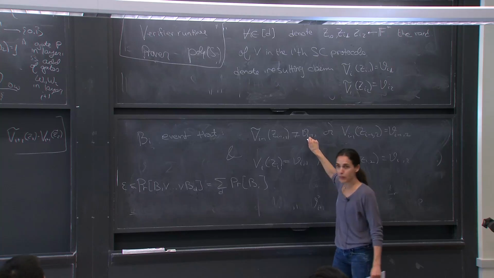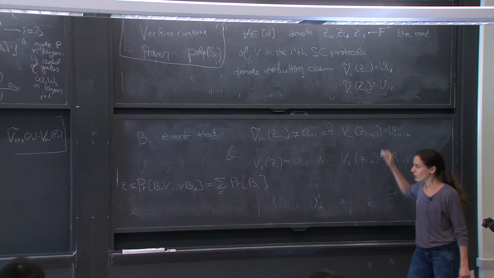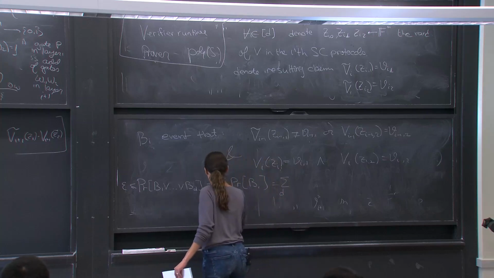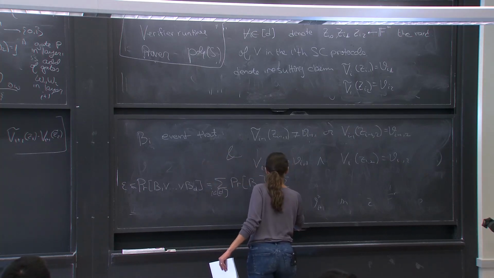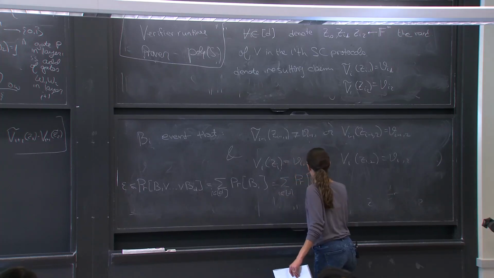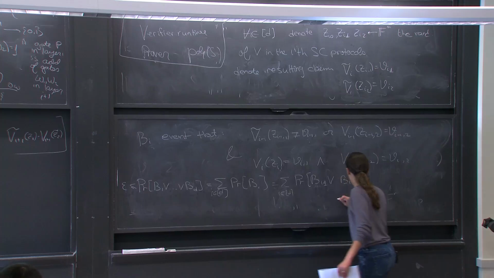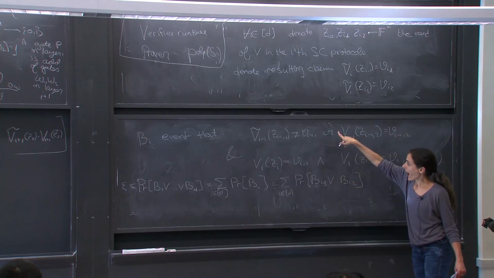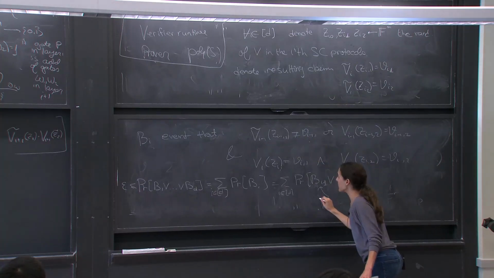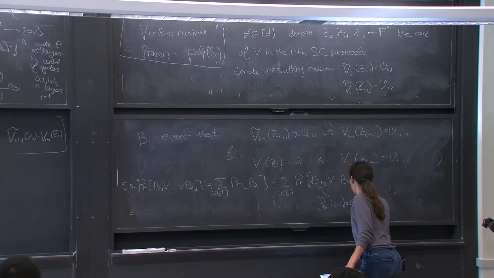I want to call this B_i^1 or B_i^2. B_i^1 is the event where the first claim is bad: V_{i-1} at Z_{i-1}^1 was false.